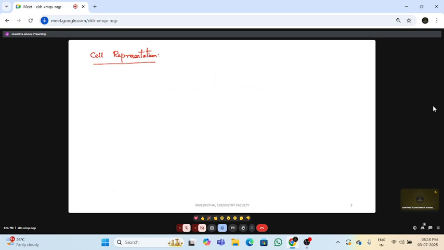Okay. So in a cell, at the middle of the representation, we'll have two parallel lines, and these two parallel lines represent the salt bridge.